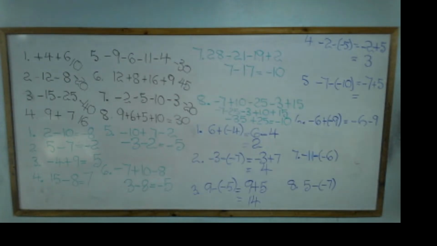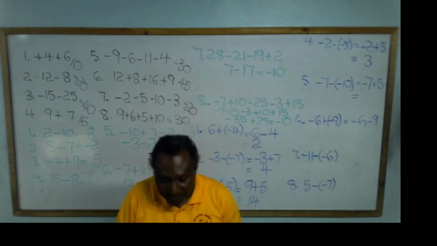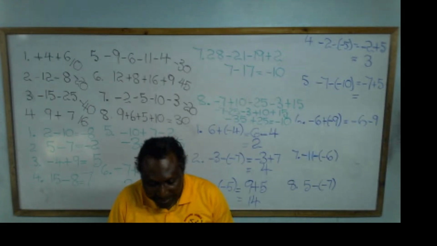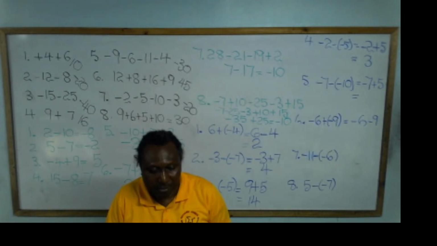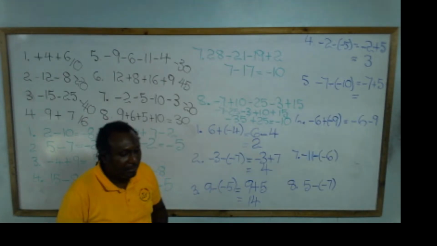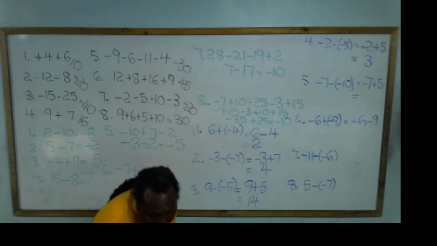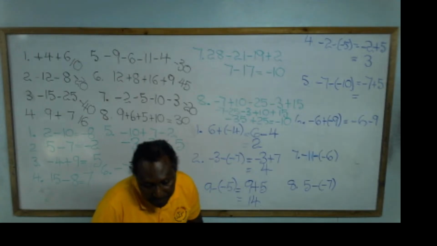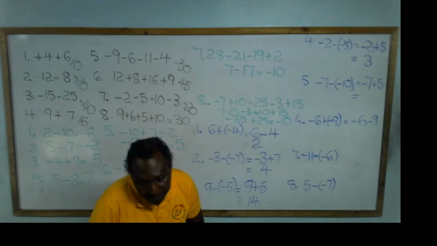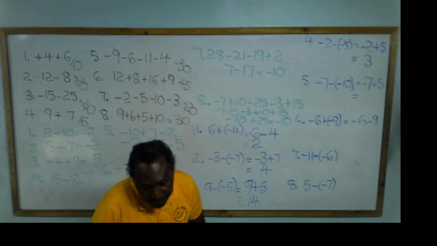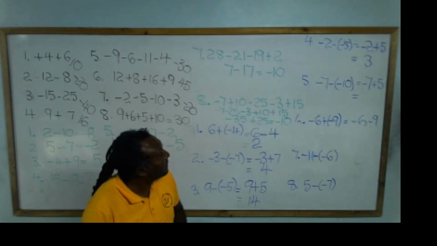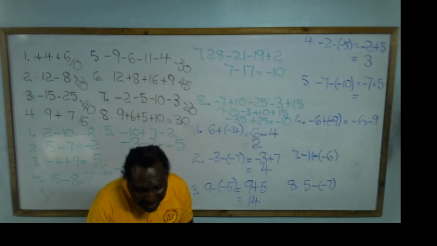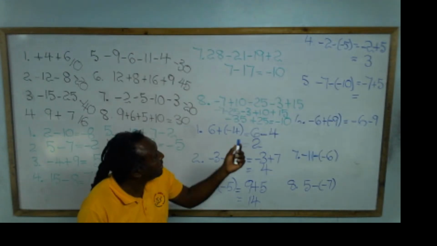The next two. Negative 7 plus 5. Negative 7 plus 5. What do we say? Number 5 is 3. Why is somebody still saying number 5 is 3? Unless I'm writing the wrong thing on the board.